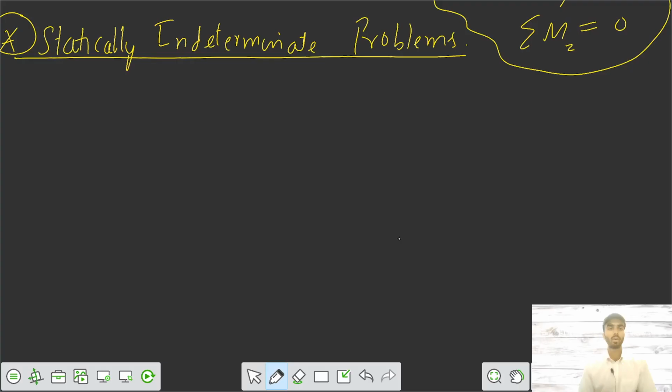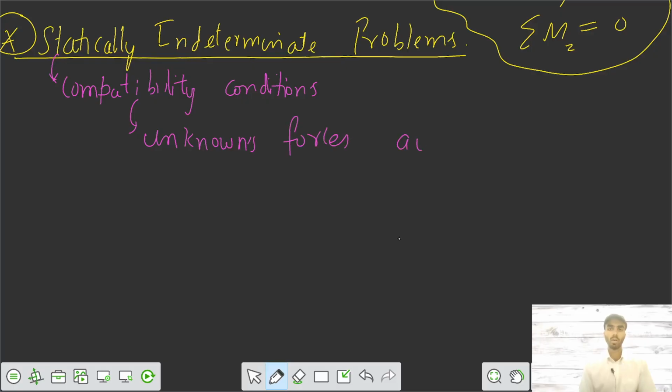So we have the concept of compatibility conditions. Compatibility conditions correlate unknown forces with known deformations.